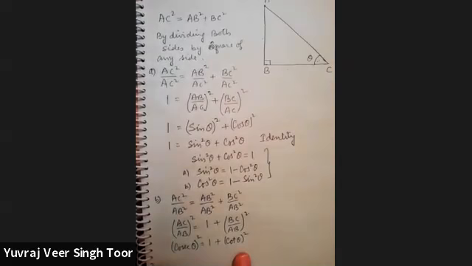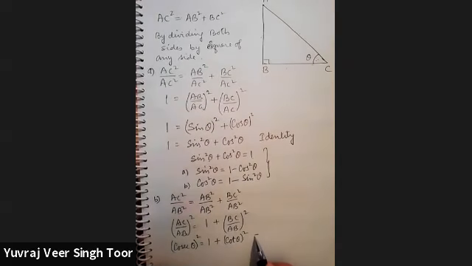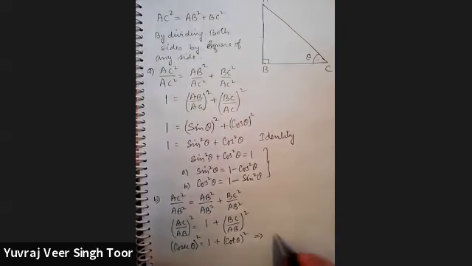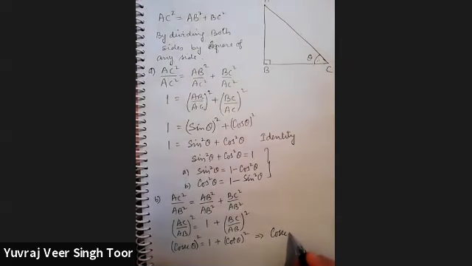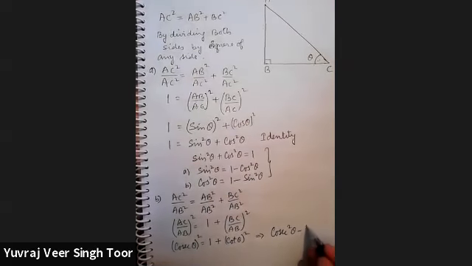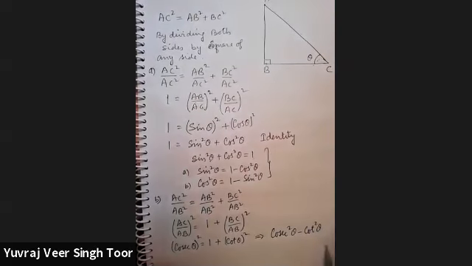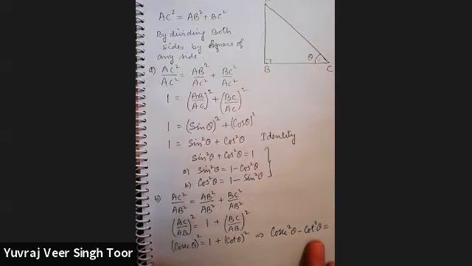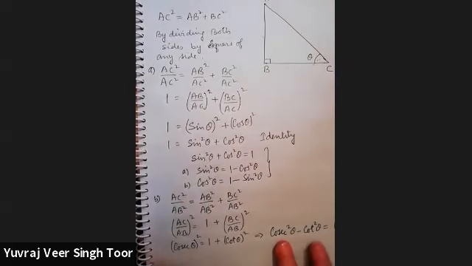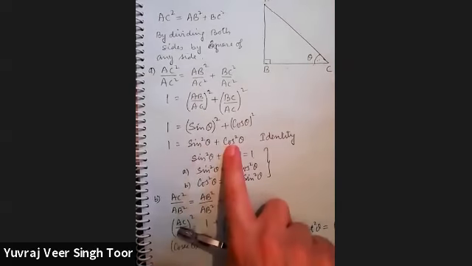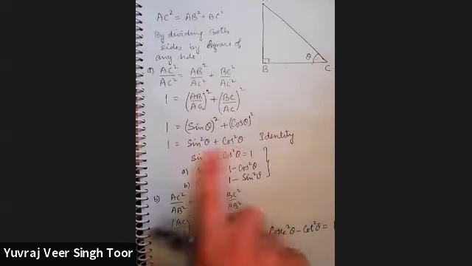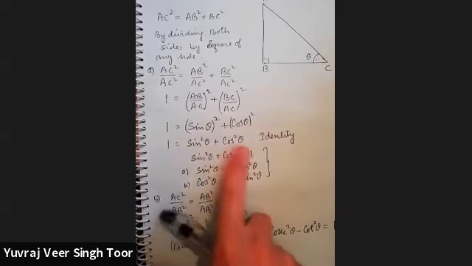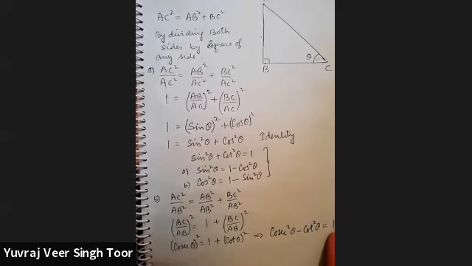Another result, but I'll transform it so that you should remember this result as the difference of the squares: cosec square minus cot square equals 1. So difference of the square. Initially the result was sum of the squares of sine and cos of the same angle giving 1. Here the difference is going to give you 1.